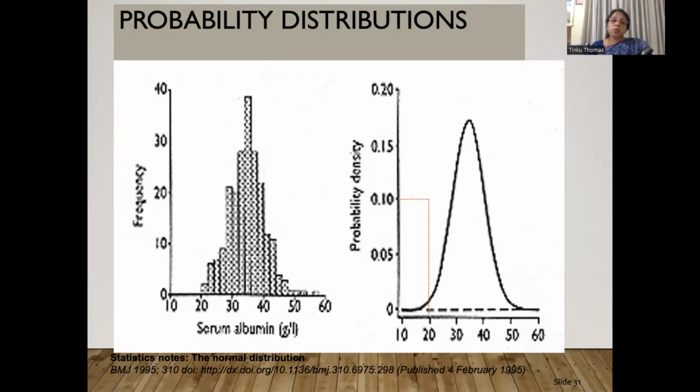Now we know that the probability of the value 20 serum albumin is 0.1. That means about 10% of the people in that population would have a serum albumin value of 20. So we can also calculate the cumulative probabilities.